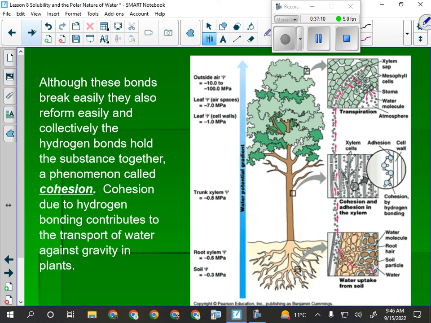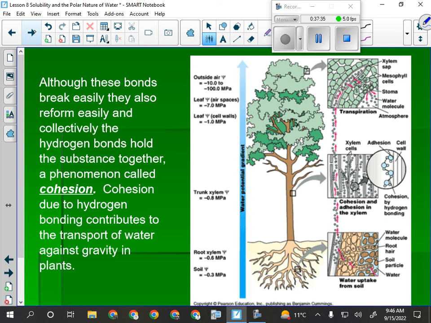Inside the tubes in the tree that transport water, the water moves up because as water evaporates from the leaves, it's hydrogen bonded to the water molecules that are still inside the leaf. So when that water evaporates, it pulls on the water molecule below, which is hydrogen bonded to the one below that, and so on.